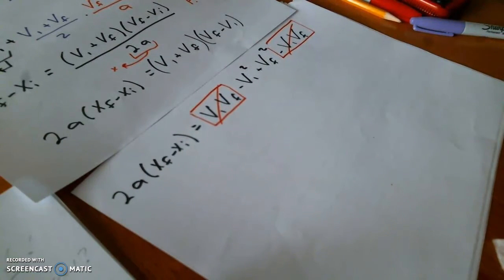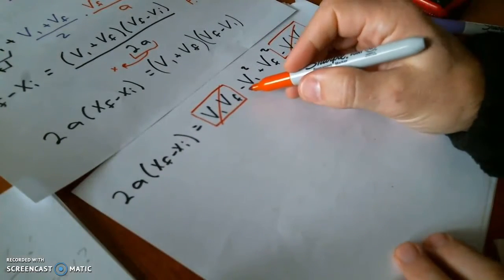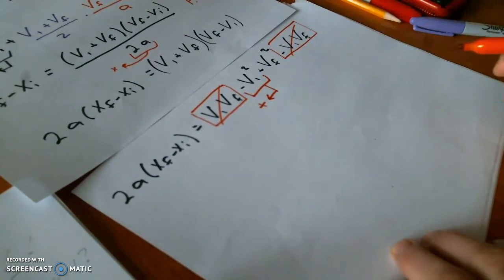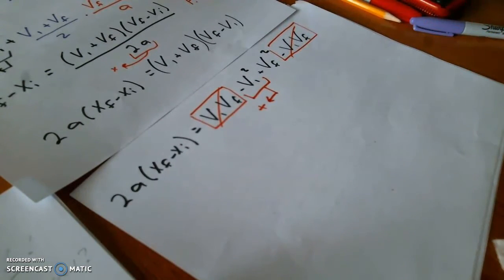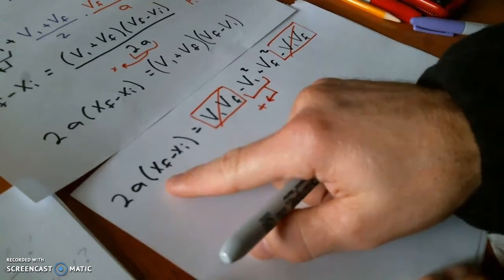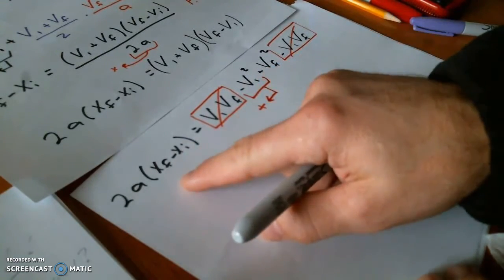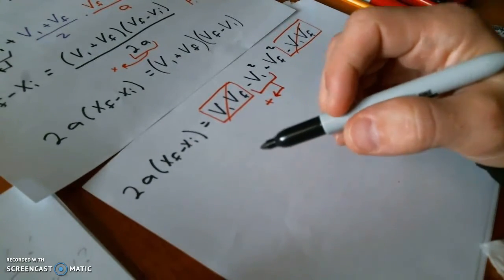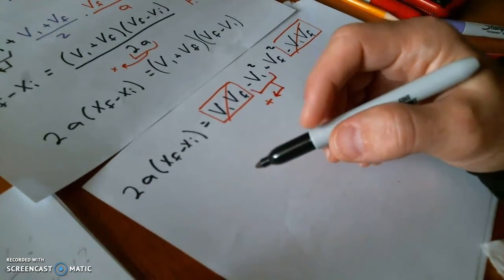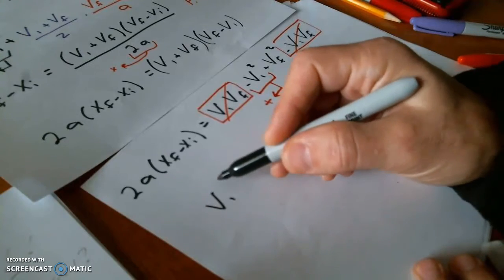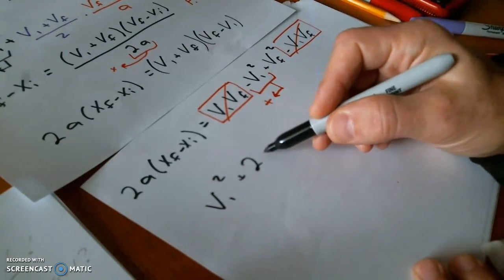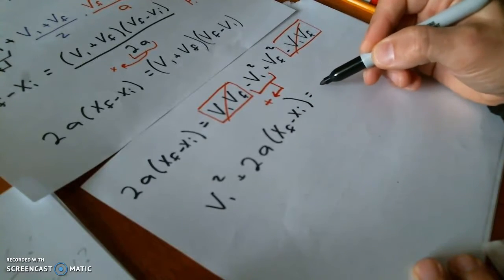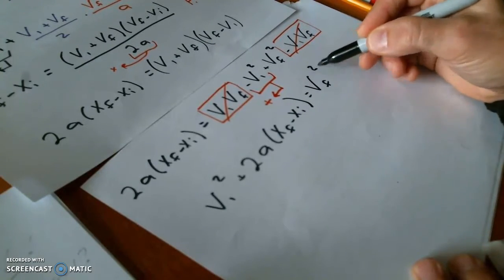And the last thing I'm going to do is add the VI squared over. So VI squared plus 2A XF minus XI equals VF squared.